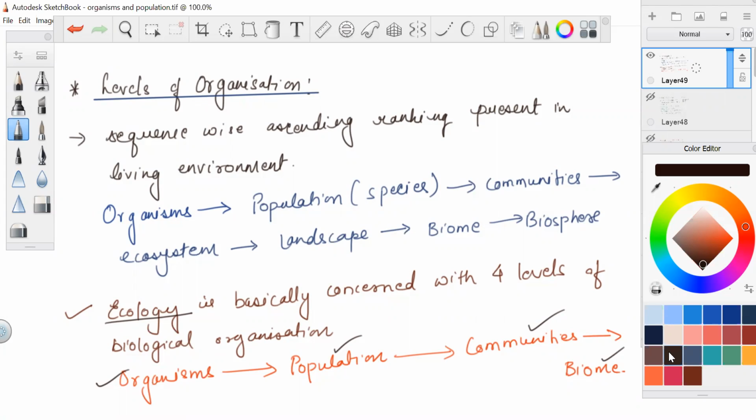If questions come here, organism is written; they can also put individual. Organism here represents individual also. So the term individual or organism is the basic. The ecological hierarchy will start from here only. All of you have done this? Yes, ma'am.